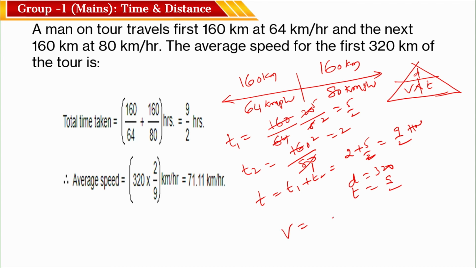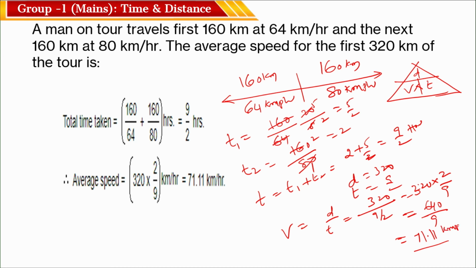V is equal to d by t, that is 320 by time, 9 by 2, or you can say it is 320 into 2 by 9, okay, or 320 2s are 640, it is 640 by 9. 9 7s are 63, 10, 9 1s are 9, 1. So it is 71.11 velocity or speed kmph.